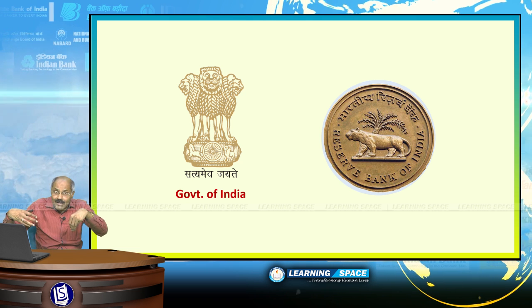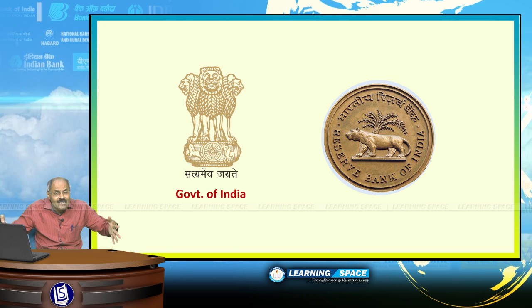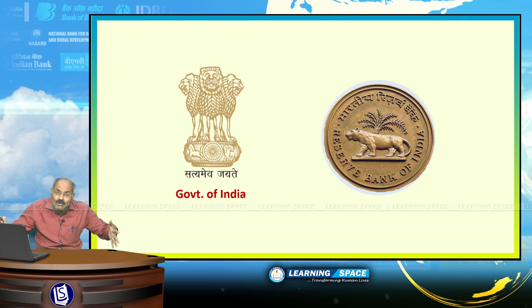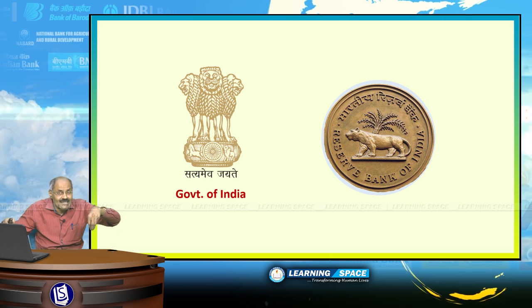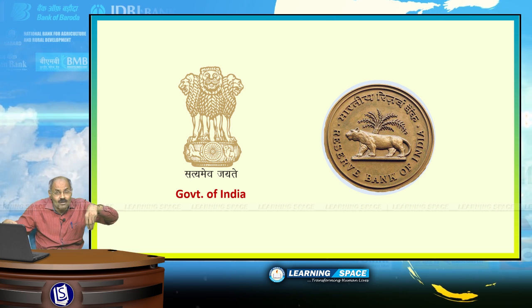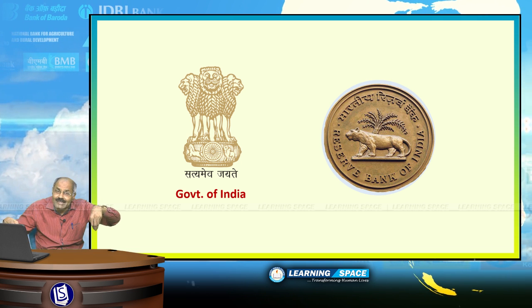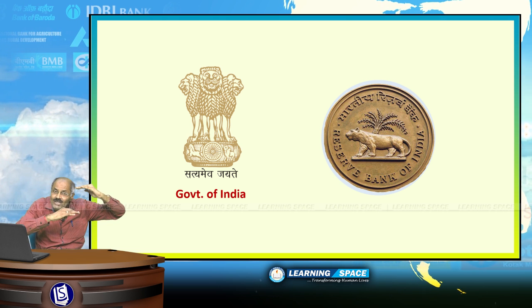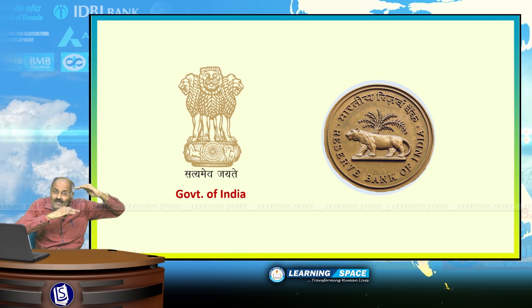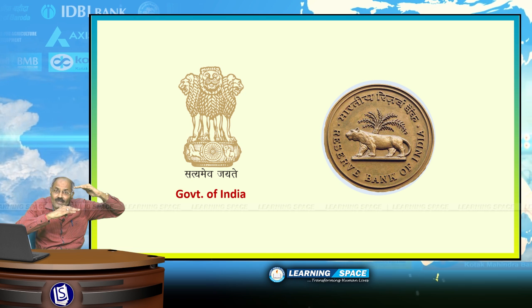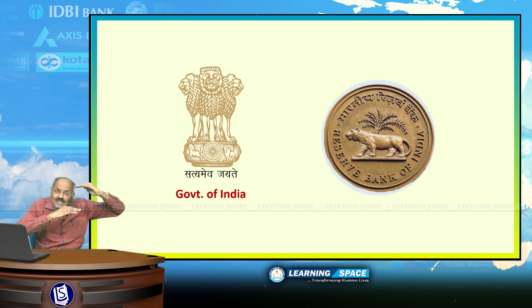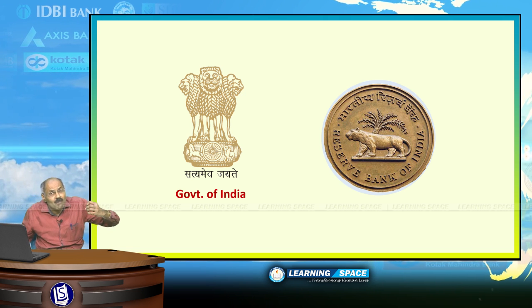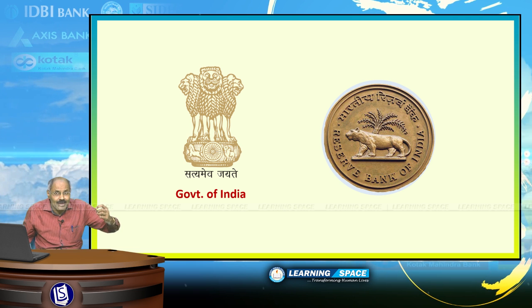This year, the market borrowing program of the central government is 6 lakh crores of rupees for the year 2015-16. Basically, the central government borrows from the market to bridge the fiscal deficit. Fiscal deficit is the gap between expenditure and revenue. The government will bridge the fiscal deficit by borrowing from the market, which is known as the market borrowing program.